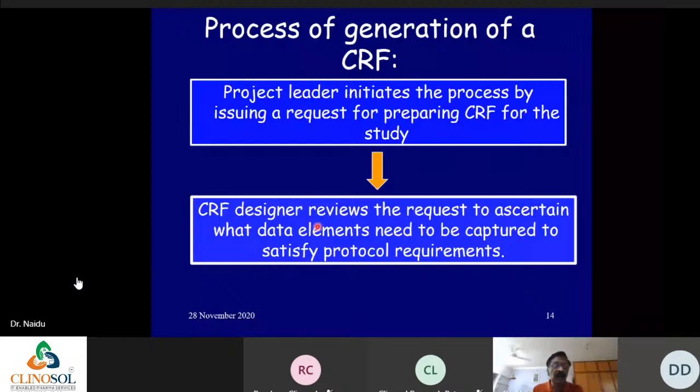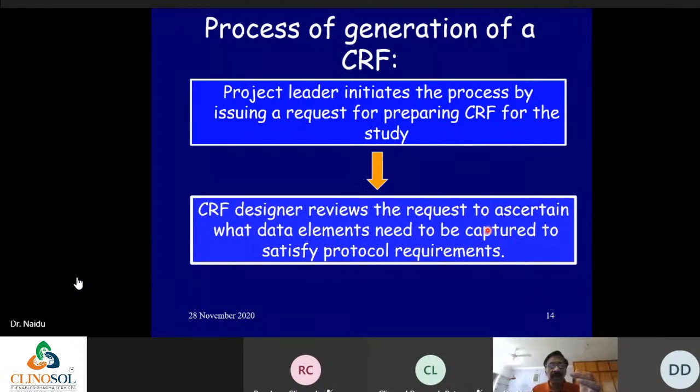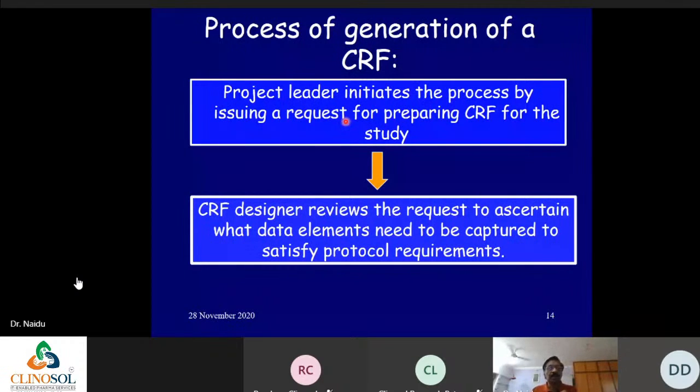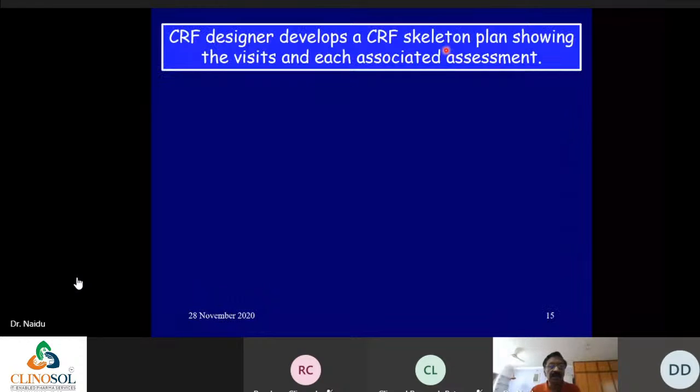Is blood pressure required, do you want some investigation, or do you want to use some other type of scale? He has to capture everything to satisfy the protocol requirement, prepare it, and go back to confirm the documents and elements being prepared.